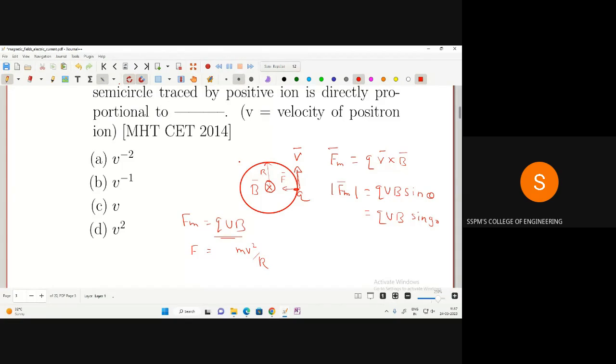Now, the q is rotating in the circular direction. As it rotates in the circular direction, the magnetic force exerted on charge q must be equal to the centripetal force. We can equate these two forces, and we get q into v into B is equal to m into v square divided by r.